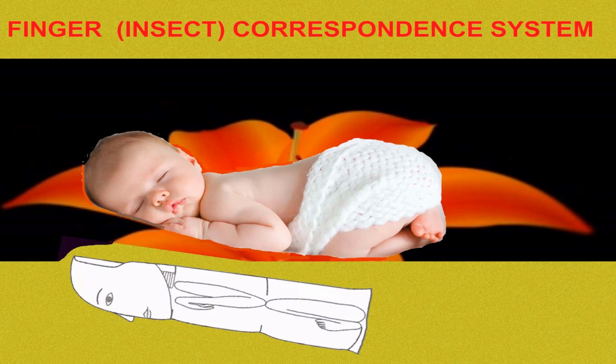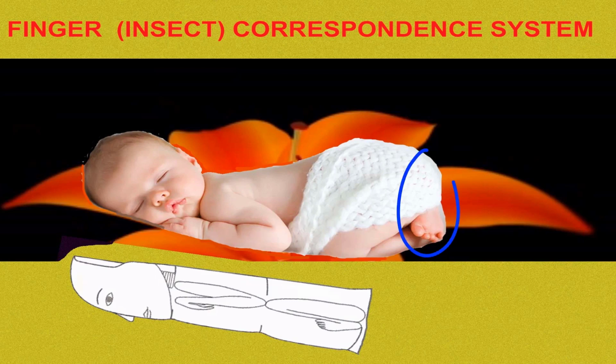Now notice how the arms and legs are organized. In this contracted position, notice how the shoulder, wrist, and other joints are placed. The wrist is in the same line as the shoulder, isn't it? The elbow is in the same line as the knee, in the same position.